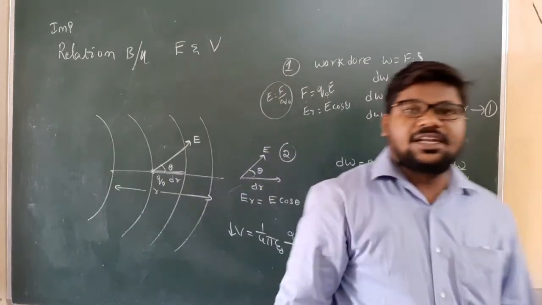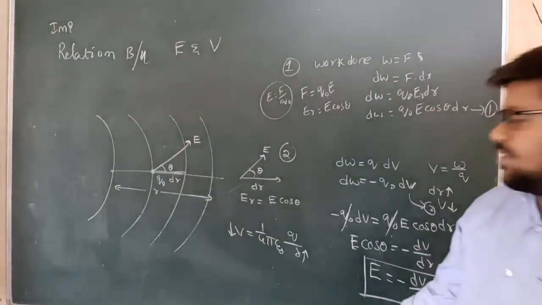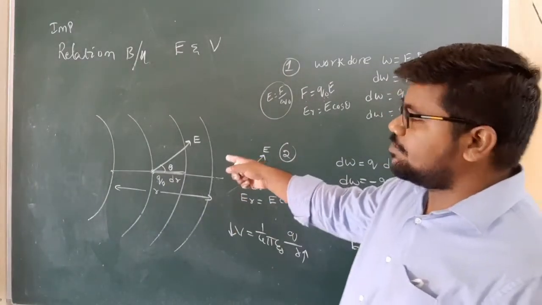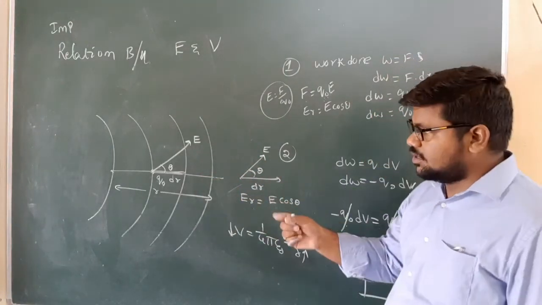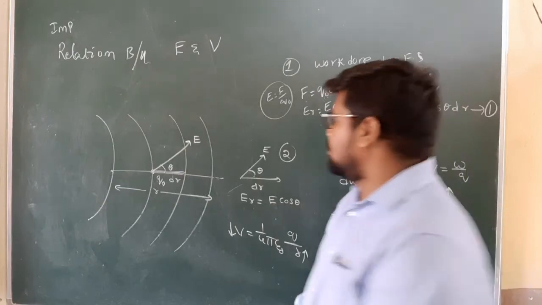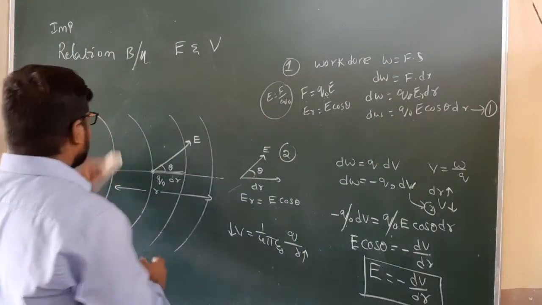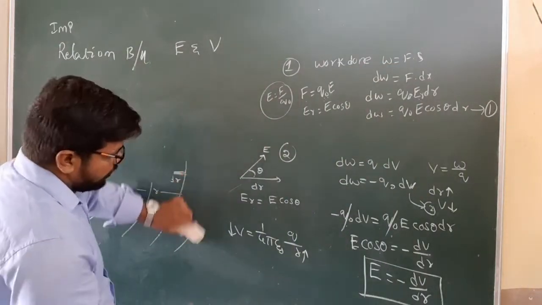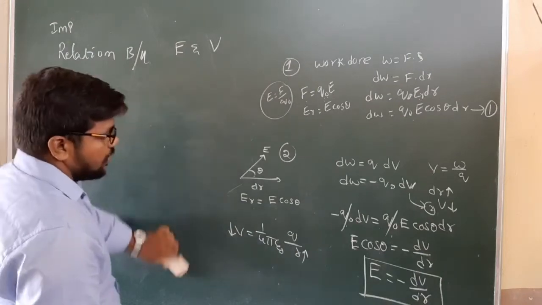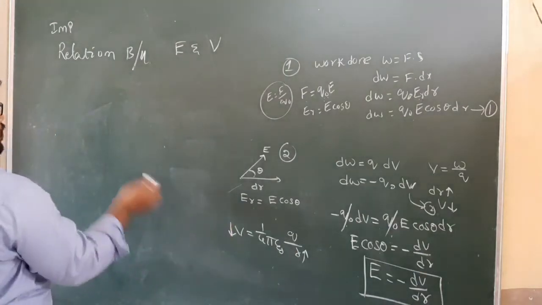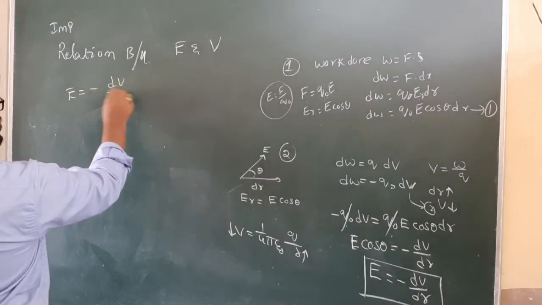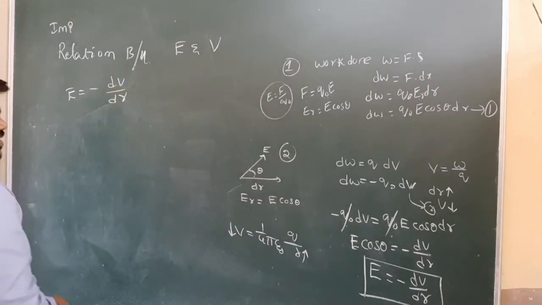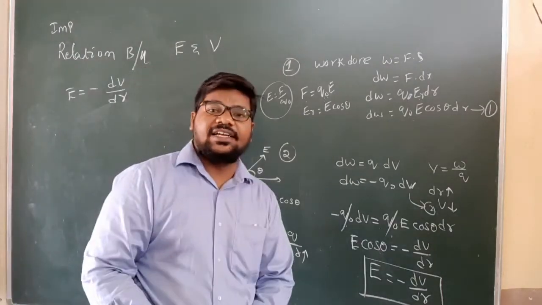Note this down, my children. It is a very, very important relation. So we can say E is equal to minus dV by dr, the negative potential gradient.